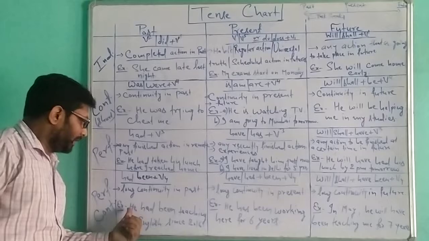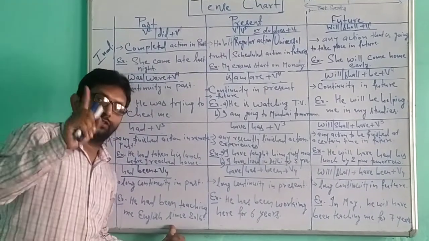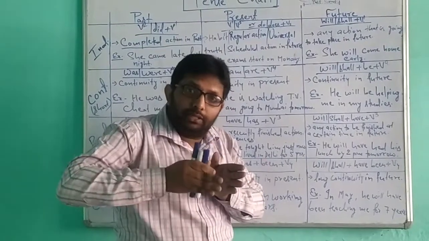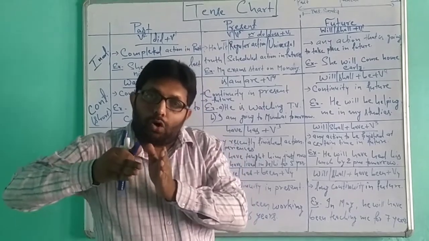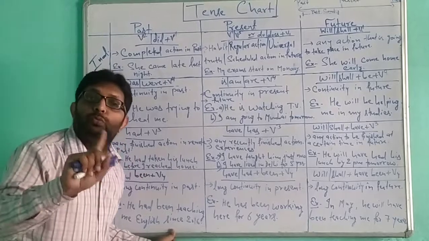You can see over here, he had been teaching me English since 2016. The action started in 2016. Maybe the action continued up to 17, 18, and 19, but it means that he is no more teaching me.